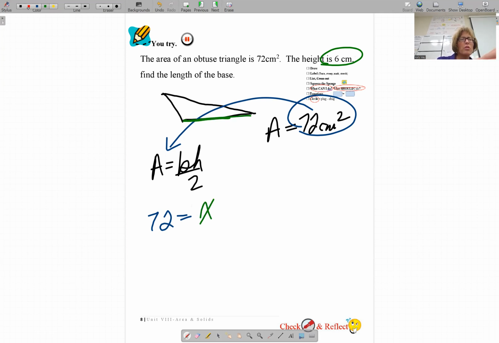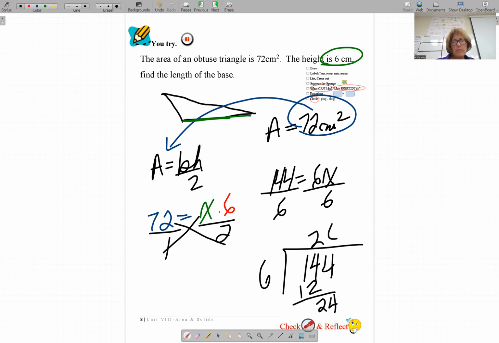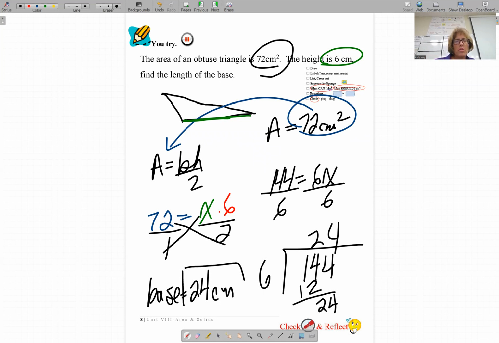So unknown times the height of 6 over 2. Cross multiply. 144 equals 6x. Divide by 6. And your base, you should have gotten, is 24. Check units: centimeters.